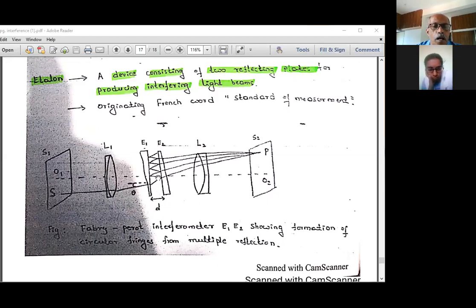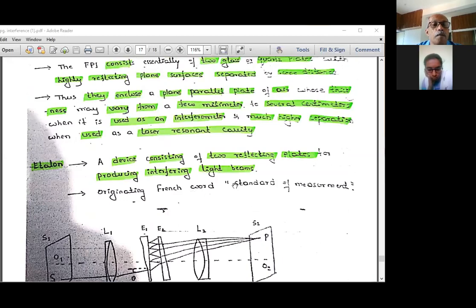Between them, light undergoes multiple reflections. After passing through E2, they are focused onto the screen at point P in order to get an interference pattern due to multiple reflections.